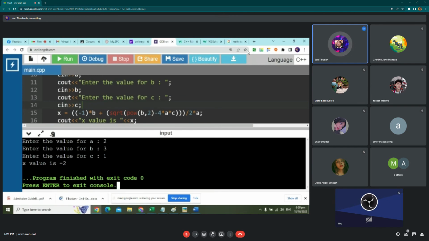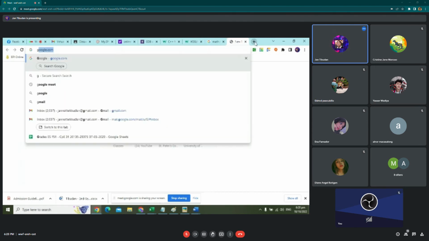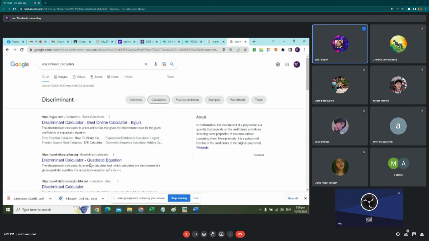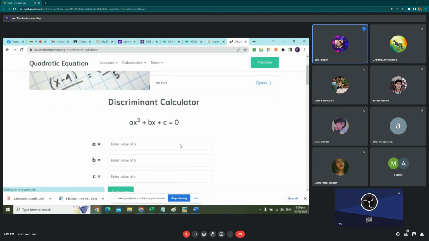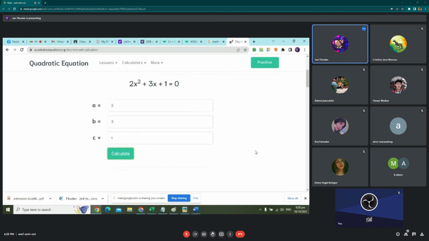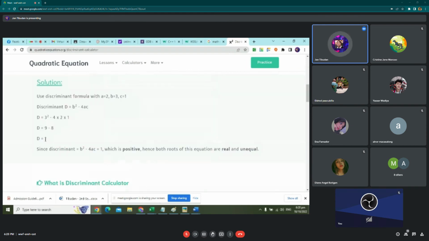So, kung atong gamiton ang discriminant calculator. Naa tay quadratic equation class. So, pareha ron sa atong program, you have 2, 3, 1. So, let's have 2, 3, and 1. So, let's have it calculated. So, here it is.